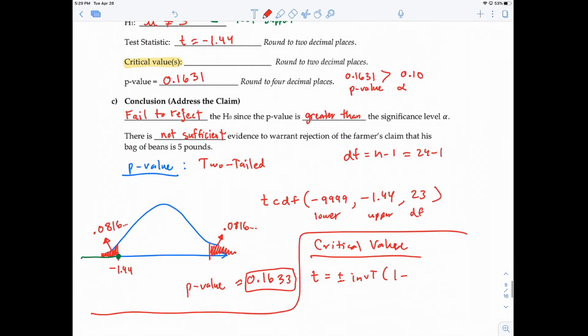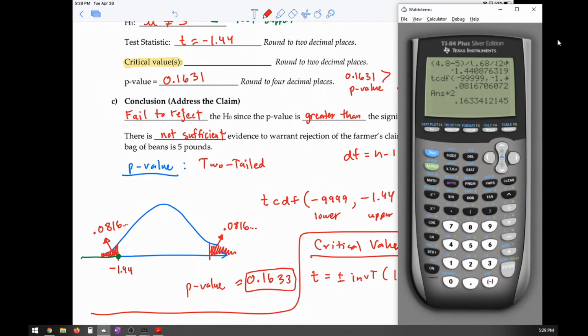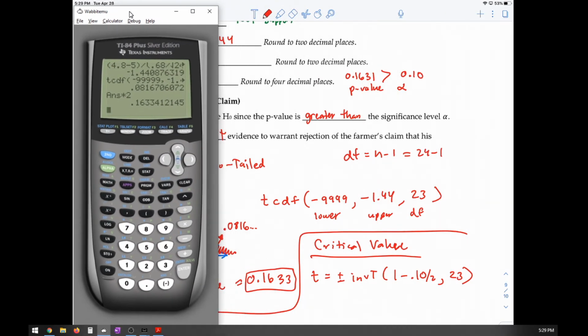So 1 minus 0.10 divided by 2. And then degrees of freedom, which is 23. For those of you who have the 84, you have the inverse t function. For those who do not have the 84, you do not have this function. So we're going to go second vars, inverse t, 1 minus 0.10 divided by 2, degrees of freedom 23.